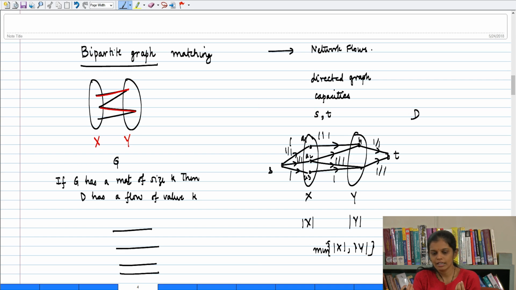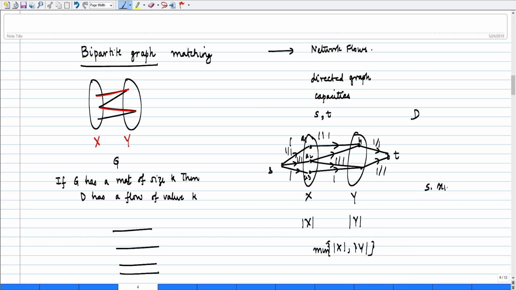If you have an edge x1 y1 which belongs to the matching in the graph G, you take f of S x1 is equal to f of x1 y1 is equal to f of y1 t, which is equal to 1.